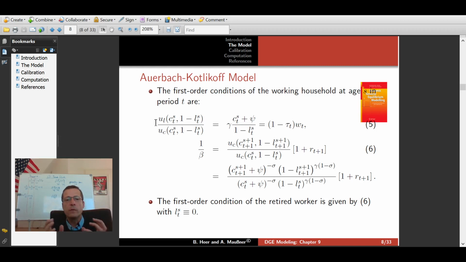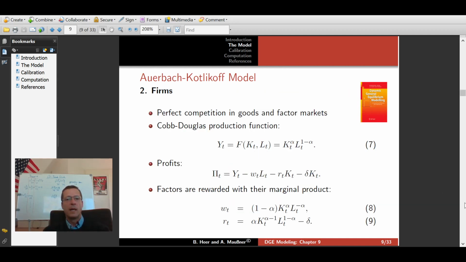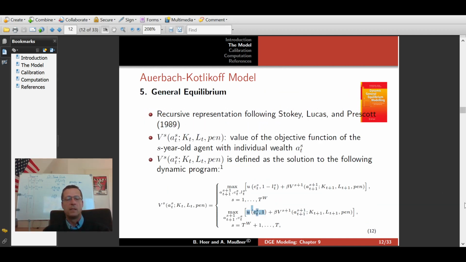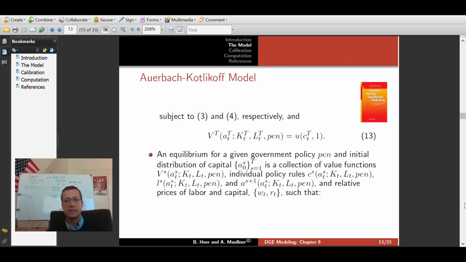So there are 2 equivalent ways to solve this model. One is using the first order conditions 5 and 6, and the other one is using the value function, the dynamic program problem in equations 12 and 13. They will imply exactly the same solution in our case.